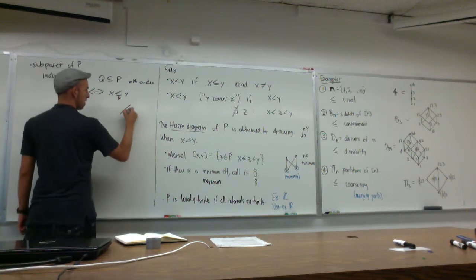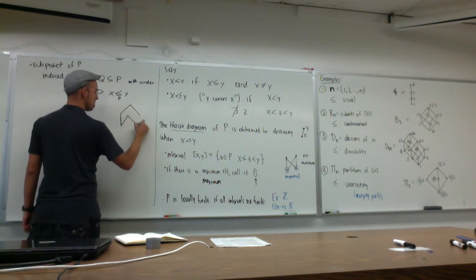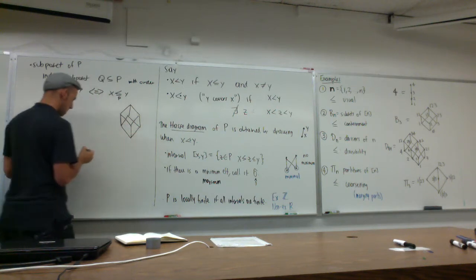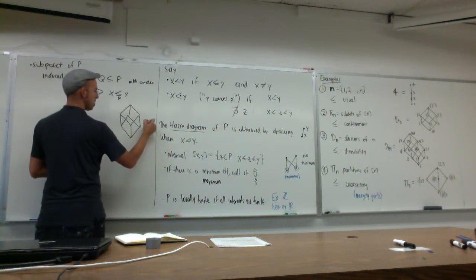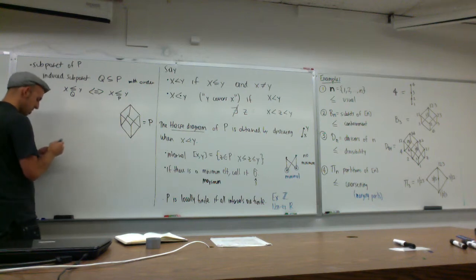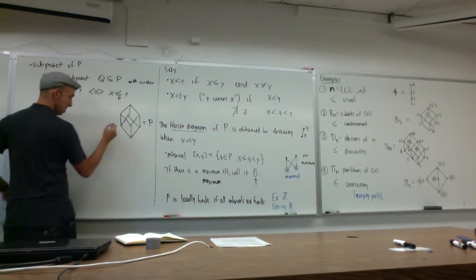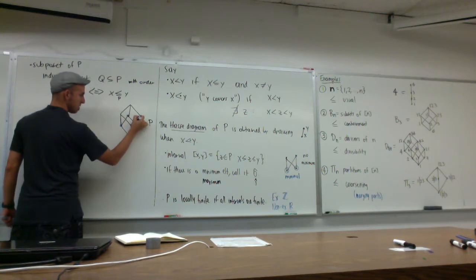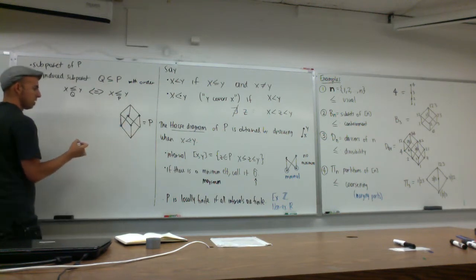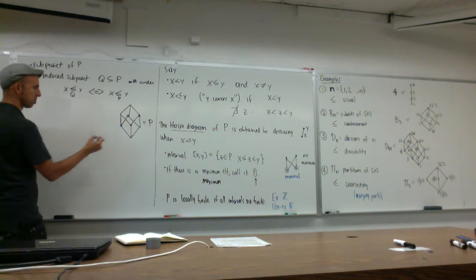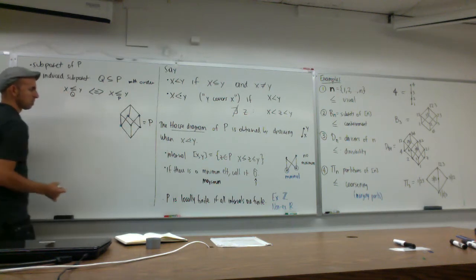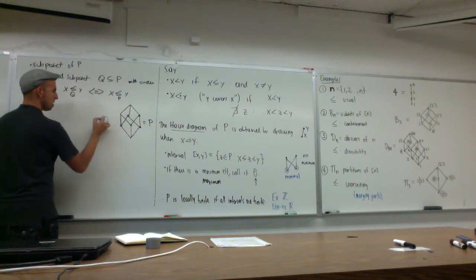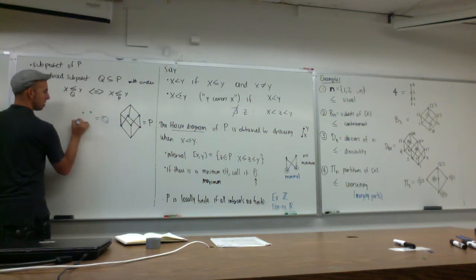So maybe it's worth doing a quick example here. So maybe P is this, and maybe Q consists of these 5 things.